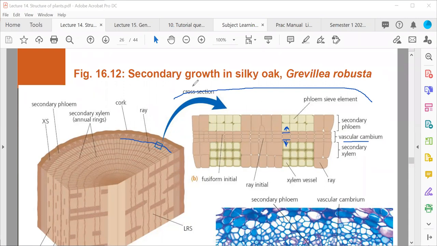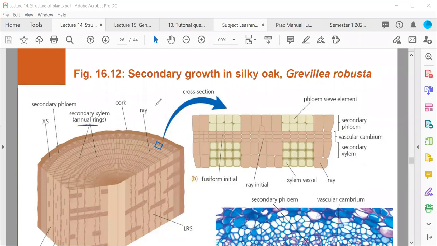Okay, now let's take a look. I'll just clear all that so it doesn't get too messy. Now let's look back here to the left, and you can see something which everyone's familiar with, and these are growth rings, otherwise known as annual rings.